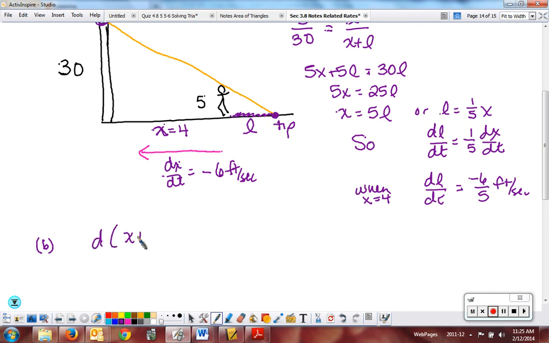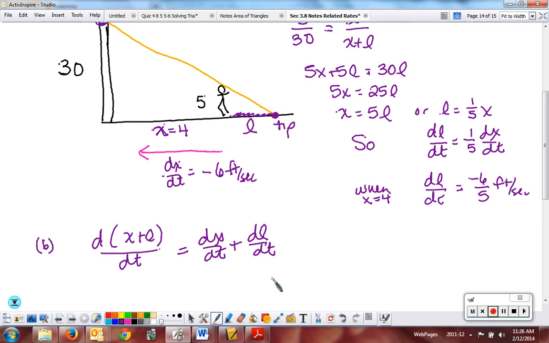So the derivative of x plus L with respect to time. But, oh, does that scare you? Why? Okay, the derivative of a sum is the sum. So, are you scared? No. It's dx dt plus dl dt. And do I know the answer?